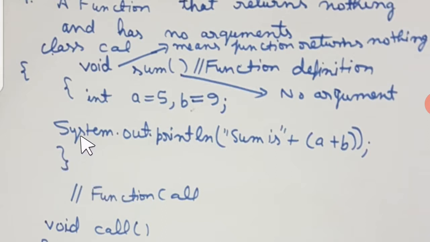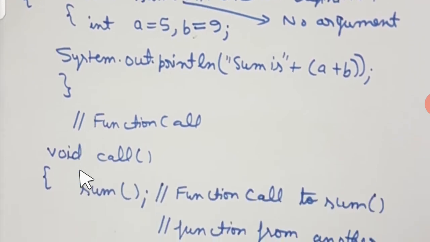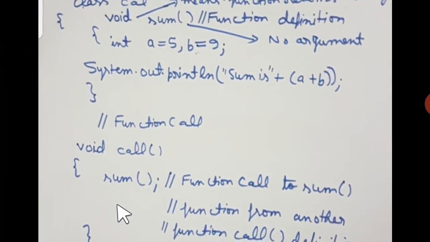After that, students, we move to the second function, that is void call. This is another function definition, but what this function is doing is simply calling the sum function which is up there. You can see here the sum function is being called through this function call. So this is the function definition and this is the function call for sum. When this function is being called, we don't have to do much, because it's not returning anything and it doesn't have any argument either.